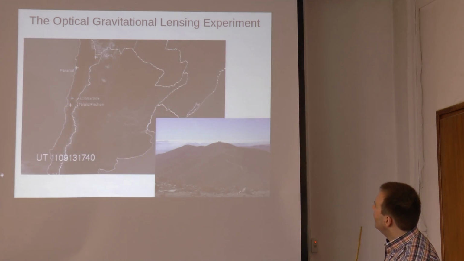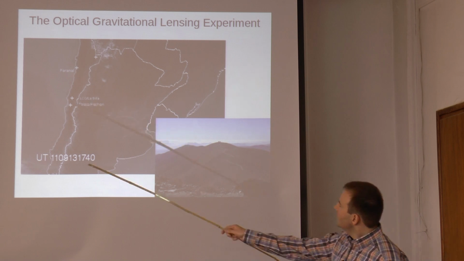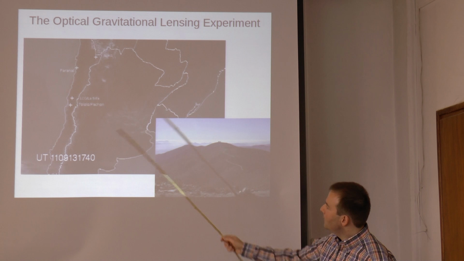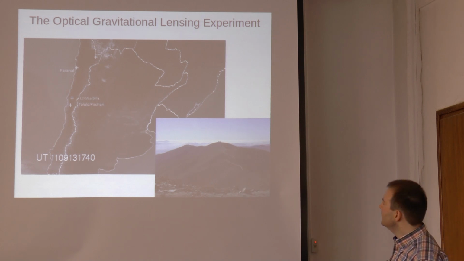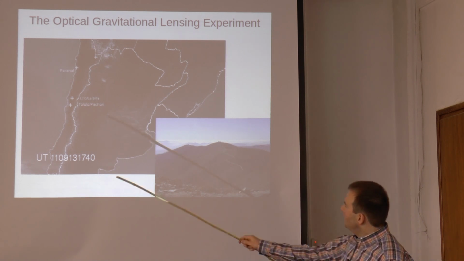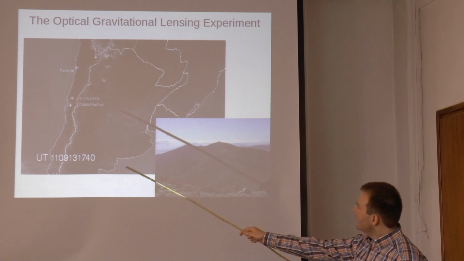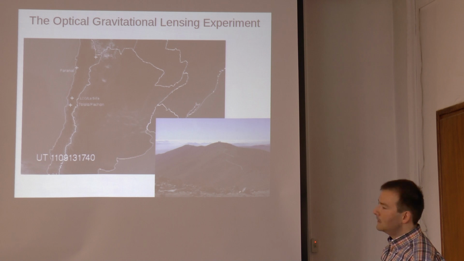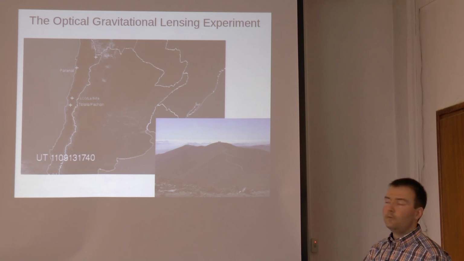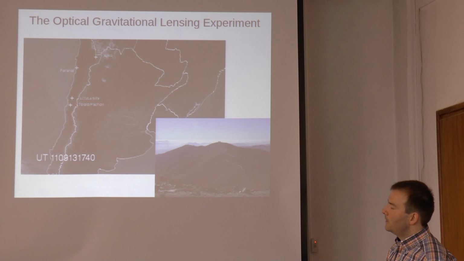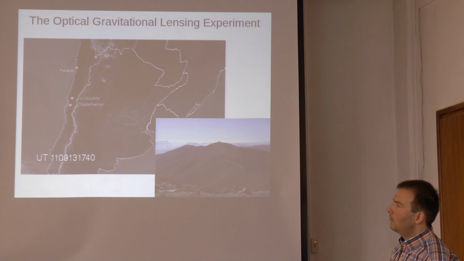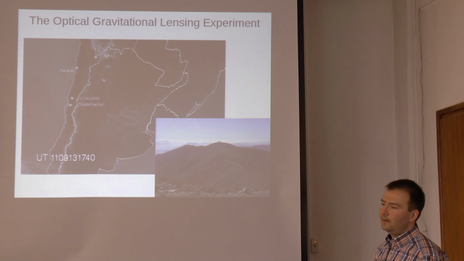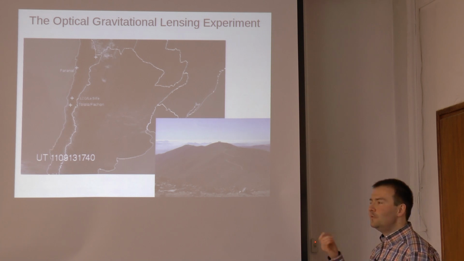The OGLE telescope is located at Las Campanas Observatory, the southern edge of the Atacama Desert. This is a satellite image, but I can tell you that the sky there is very clear all over the year. We counted that on average about 330 nights are clear with useful data.